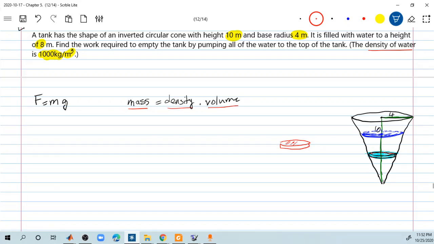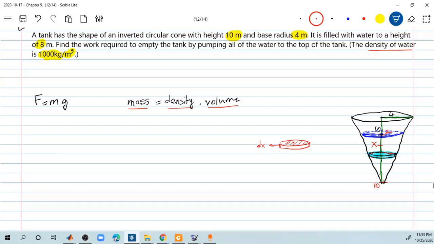The area on top multiplied by the height will give you the volume of this disc. The thickness is what we call dx, the change in x, because x is basically the height. Where is the water? It's at this location, so we want to pull the water out, with x changing from 2 to 10.